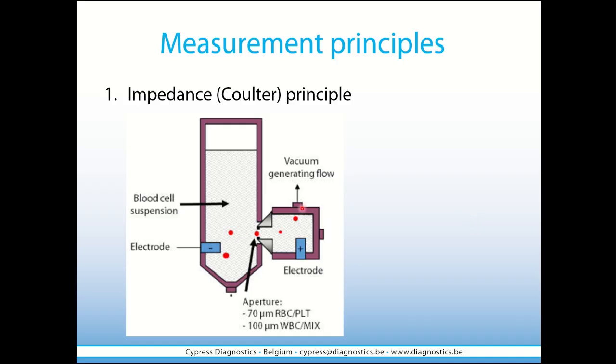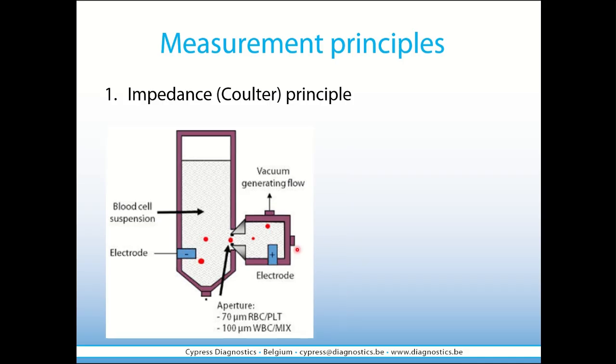This dilution of the sample occurs in the measurement chamber, which is flanked by an aperture and electrodes, negative and positive. By creating a vacuum, the cells are sucked one by one through this special narrow opening, the aperture. Cells will flow one by one from this side to this side.